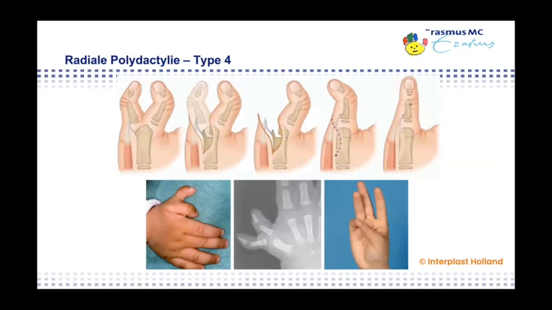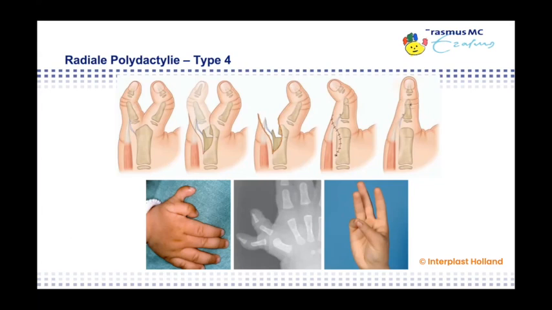If you look at an overview, this is completely the upper left hand: radial polydactyly. You can see that you have to address the bony part, because you don't have straight or parallel joints of the CMC joint and the MCP joint in this case.